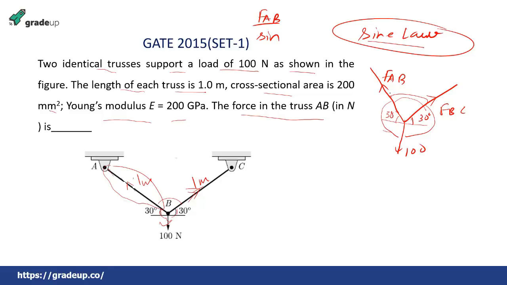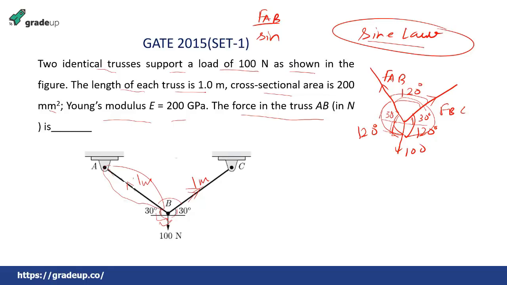If this is 30 degree and this is 90 degree, the angle which this line will make is 90 degree, so the total angle will be equal to 120 degree. Similarly, this will also be equal to 120 degree, and we know that the complete angle is 360, so this will also be equal to 120 degree.